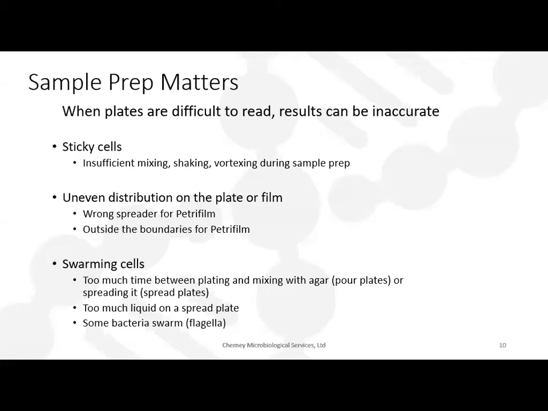Another thing is if you have too much liquid on a spread plate, that can also cause swarming cells or grouping of cells. And it'd be very difficult to get an accurate CFU count off of that. Also, you have some bacteria that are just more likely to swarm. They have a flagella, which means they're motile bacteria. So some of them might clump together.